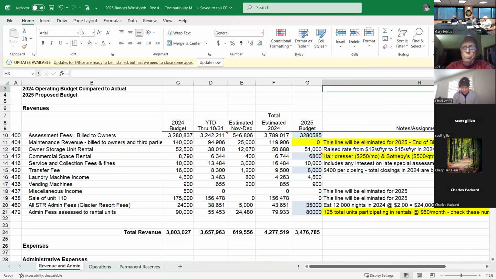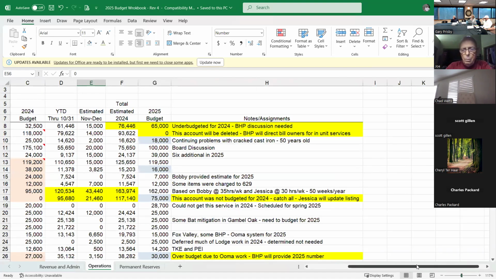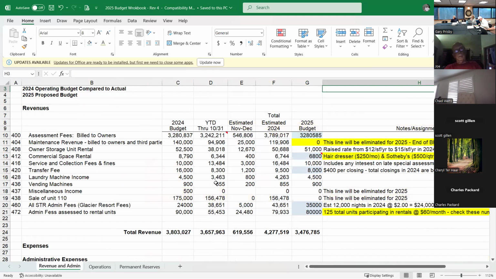I understand. That's better than it was. Thank you. I've got to do the other pages as well. All right, that's about as good as I can do it. Is that all right for everybody? Yeah, we're good.